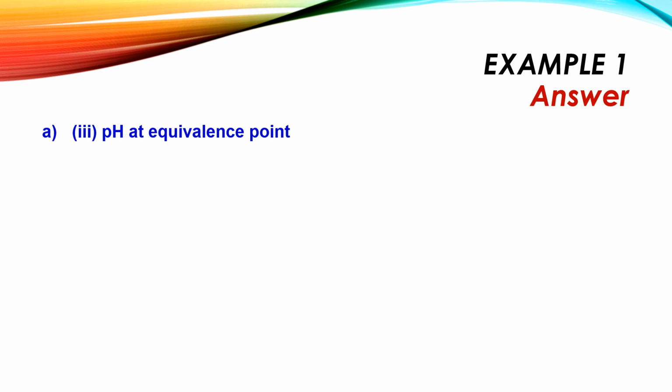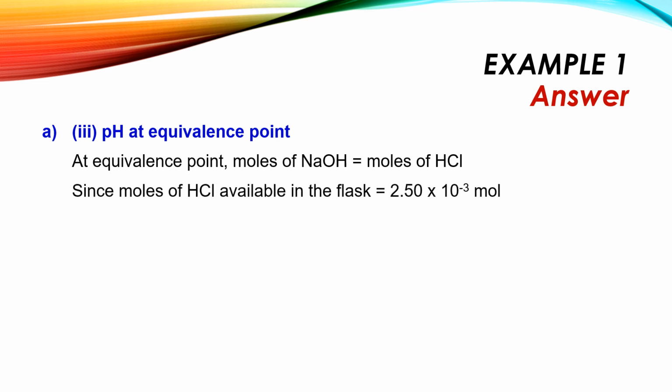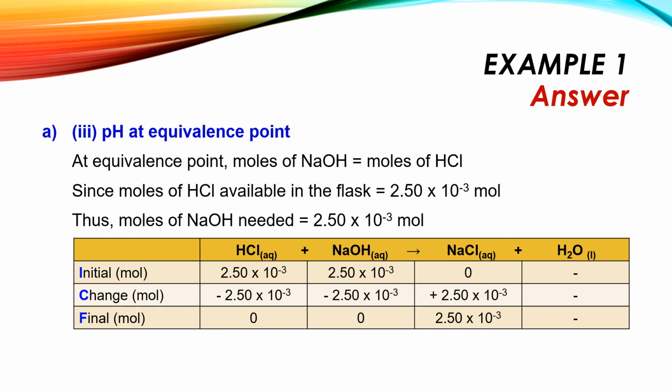Now, let's calculate the pH at equivalence point. At equivalence point, the moles of sodium hydroxide is equal to the moles of hydrochloric acid. Since the moles of hydrochloric acid available in the flask is 2.50 × 10^-3 mole, the moles of sodium hydroxide needed must be equal to 2.50 × 10^-3 moles. By using the ICF table, we can determine the final composition of the reaction.